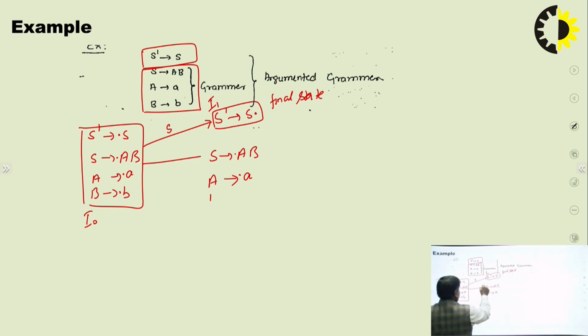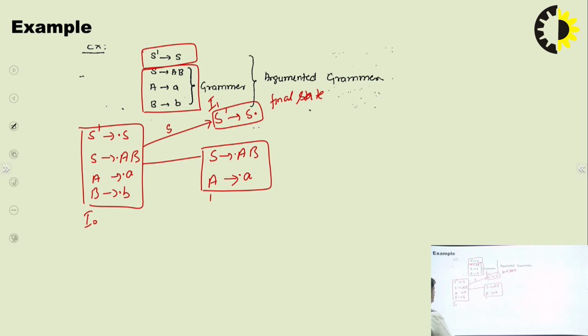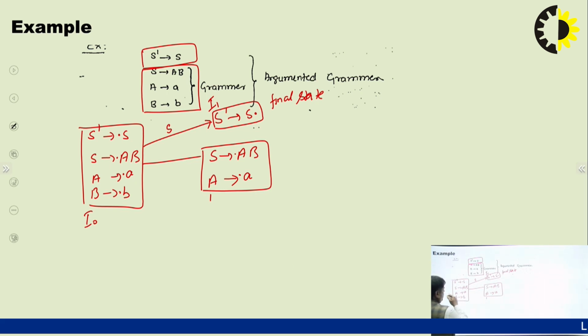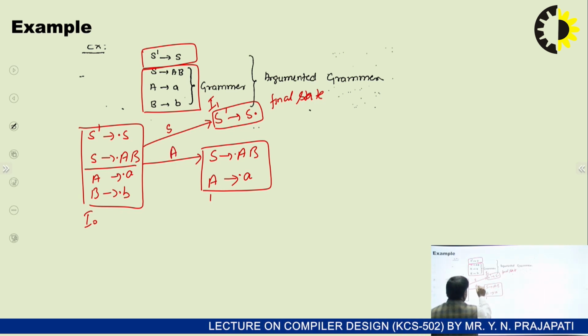When we open this production, we find this production rule.